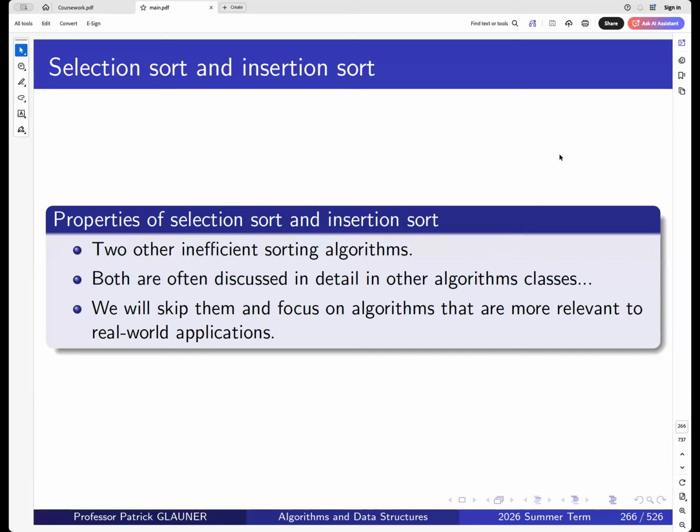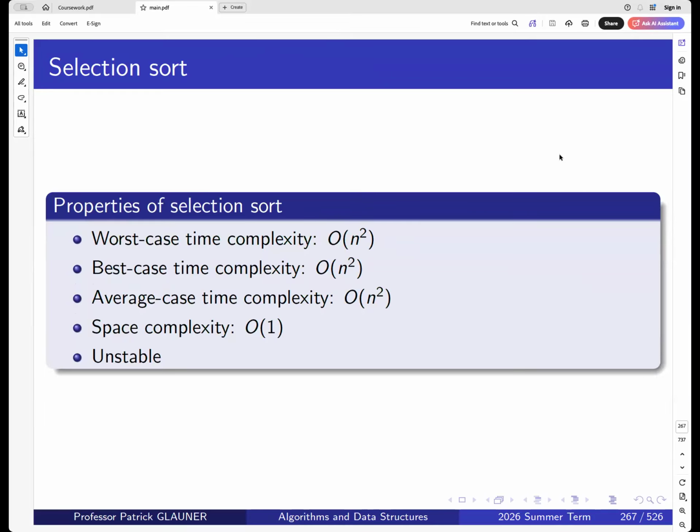Here we instead focus on real algorithms that are relevant to real world problems. That's why I think with the bubble sort, having discussed one simple sorting algorithm, that's enough, and we'll go to the more advanced ones that are also more efficient. But if you're curious about how selection sort and insertion sort work, it's in the Goodrich book. There's plenty of advice online.